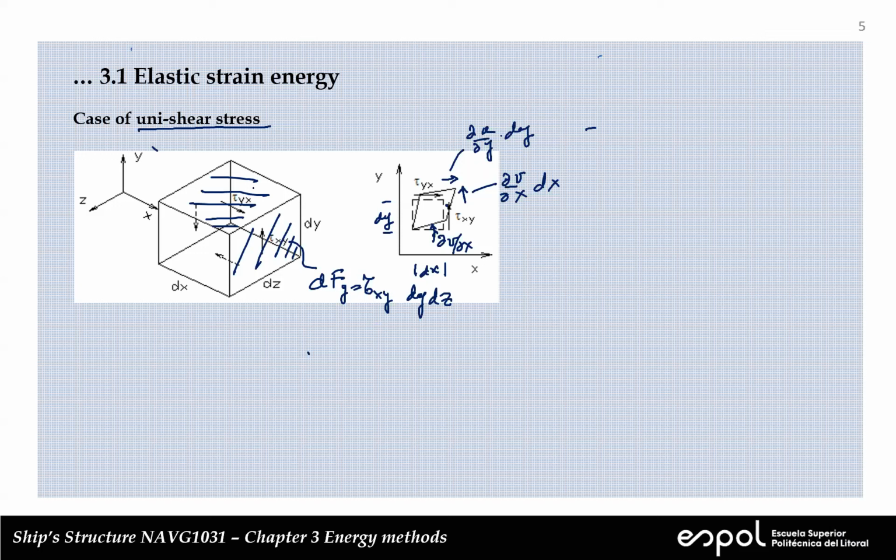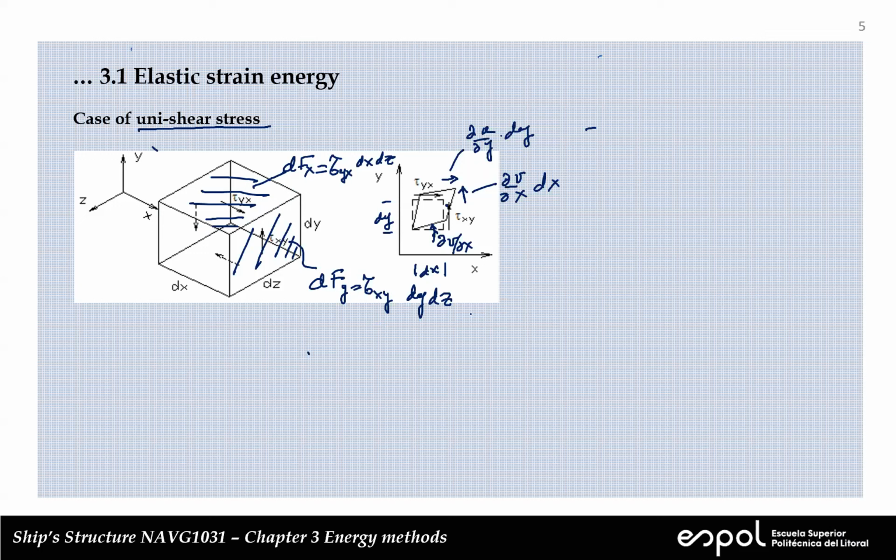And here, this force is pointing in the x direction, and that's going to be equal to the stress, which is tau yx, and the area is dz times dx.